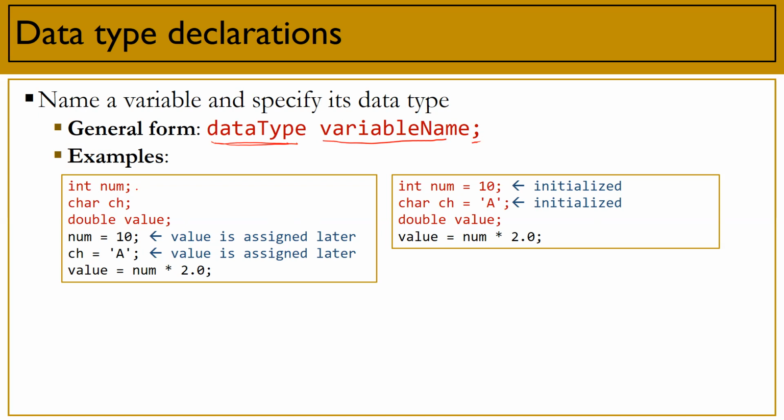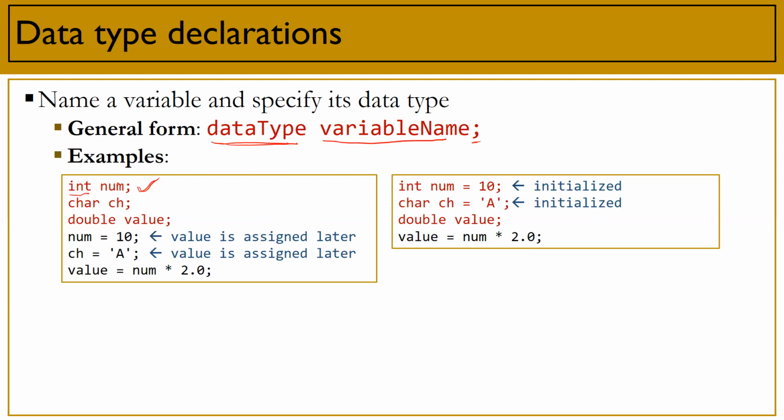In this line, we have declared a variable num, and the type of that variable is integer, so we have declared int. So num is a variable of integer type, and it can only store whole numbers. By default, if you write only int, it will be a signed int, so it may have a positive or negative value.